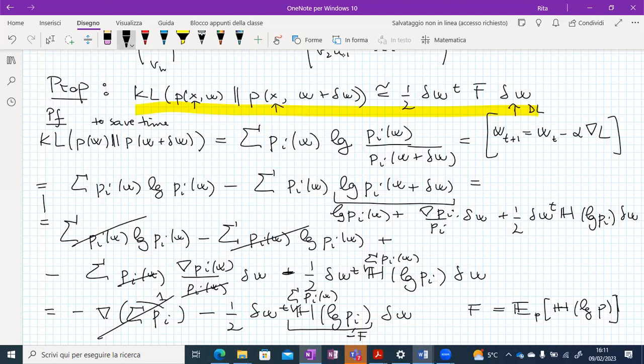It's not Euclidean, there is this symmetric matrix, but that's a scalar product. So the Fisher is giving a metric to the space of parameters. But when is it giving a metric? When these two probabilities at one point are very close to each other. So the algorithm is almost at the end of its training.